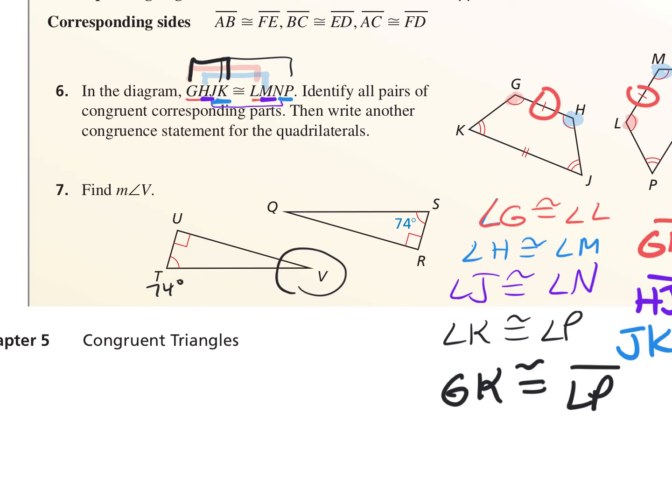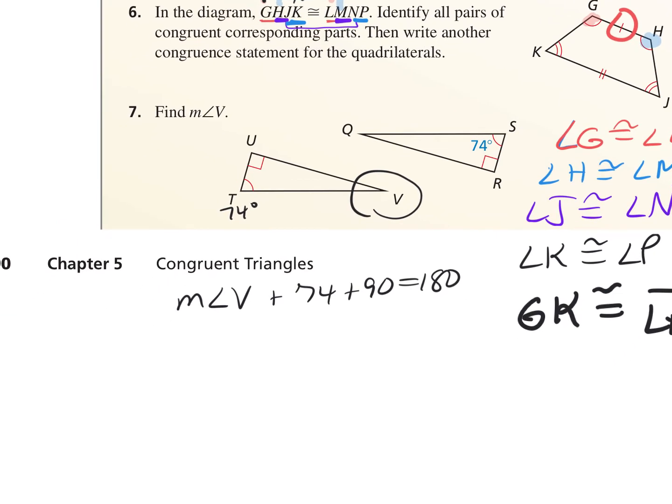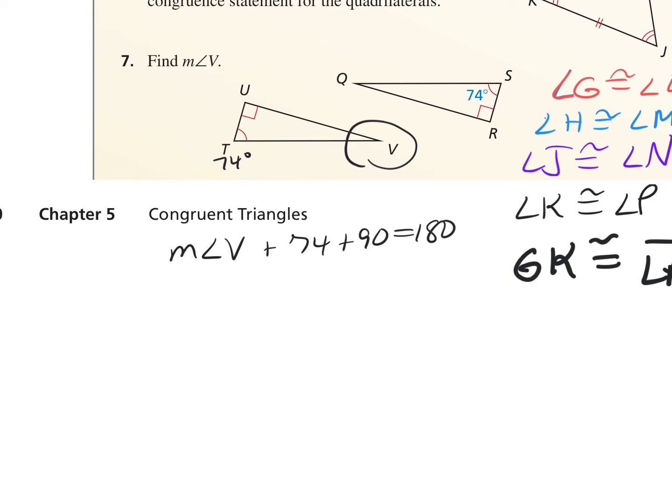So I can either say the measure of angle V plus 74 plus 90 equals 180. I can do it that way. Or I could have also just known that they're complements, and I could do the measure of angle V plus 74 equals 90. And what I'm going to do here is I can add these 2 together, and then I can get 164.